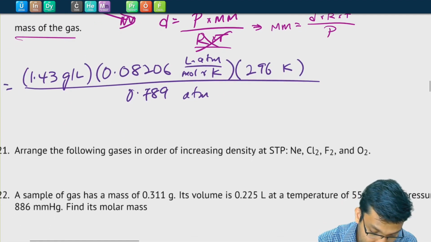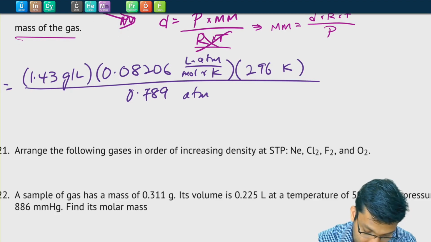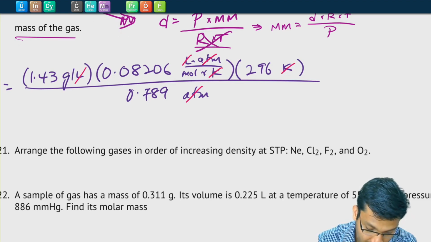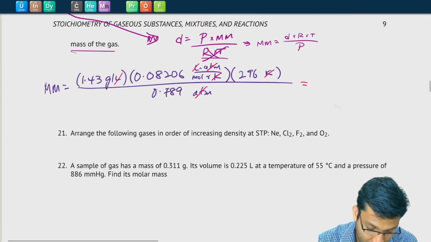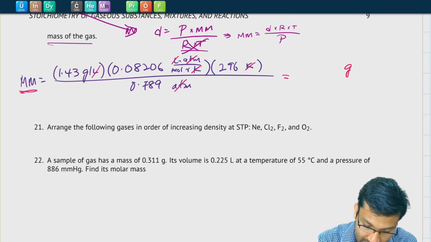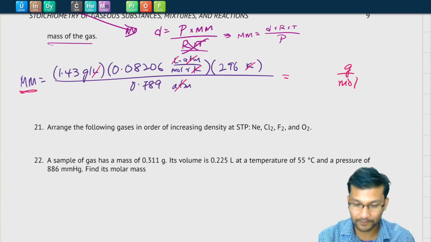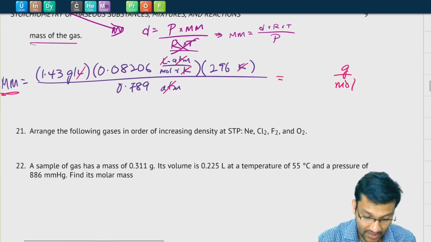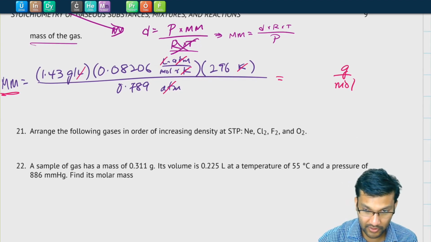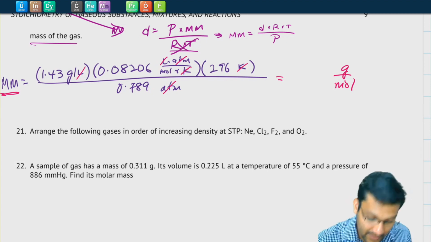Okay, let's see what cancels out. We have liters with liters, atmospheres with atmospheres, Kelvin with Kelvin. And so the units we're left with is grams divided by moles. Well, that is the unit for molar mass, grams per mole. So that makes sense.